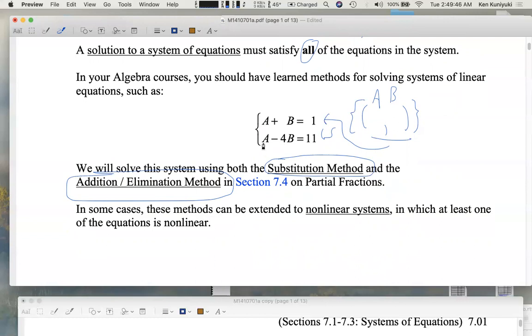So again, the techniques that we saw for solving linear systems, such as these, we can now extend to nonlinear systems. And I'm going to focus a bit more on those in this chapter. Nonlinear systems have the property that at least one of the equations is nonlinear. So you see something like an x squared or an x cubed, for example, in an equation.